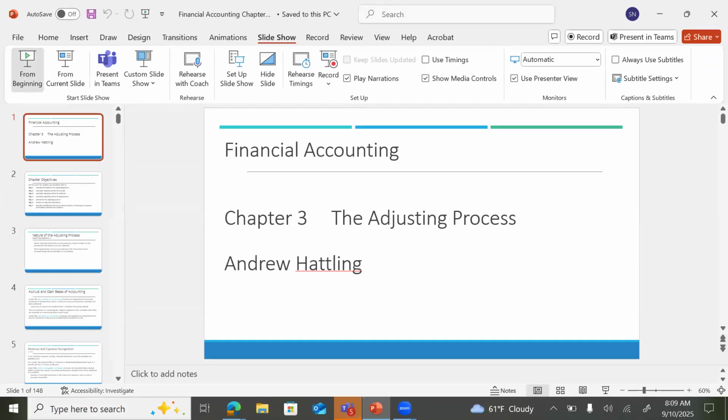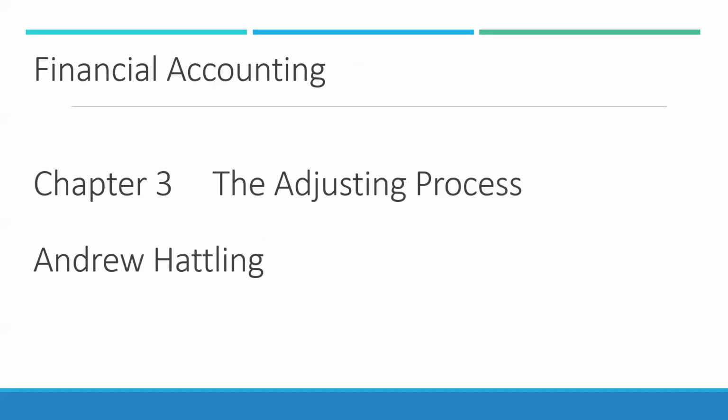We have come a long way in 2 weeks. We're understanding what accounting is. It's basically communicating information to end users. And we've also spent time understanding how we analyze various transactions and decide, how do we measure these?